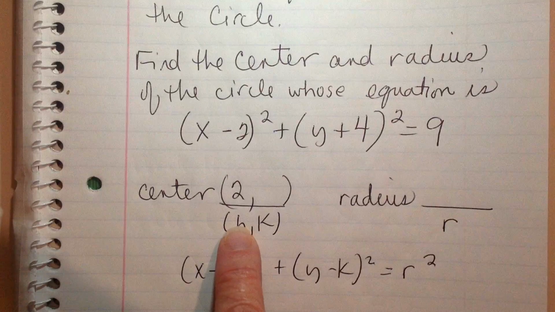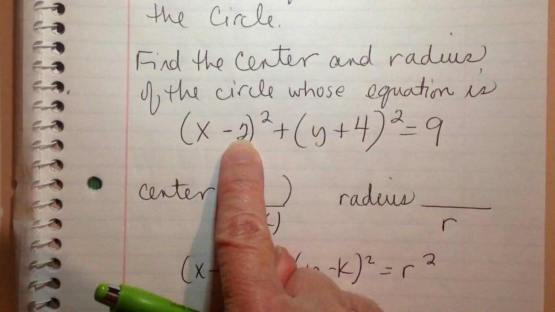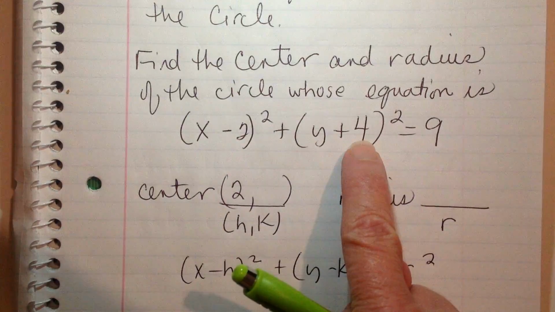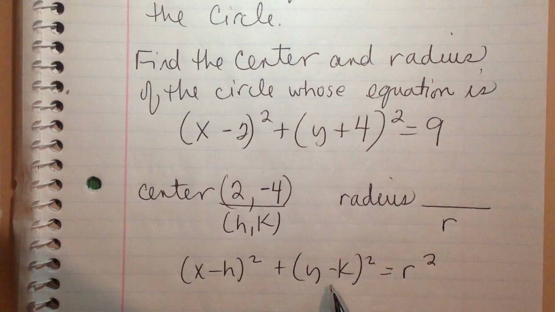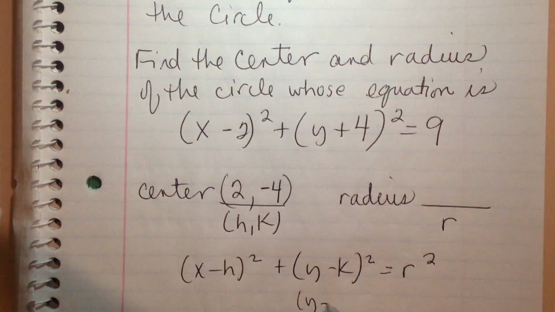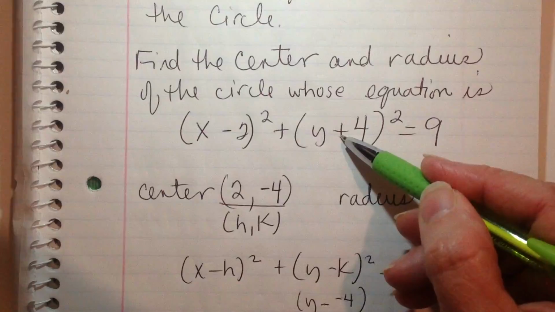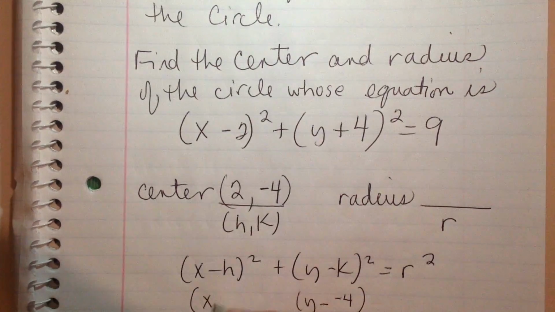So h had to have been 2 in order for the formula to say x minus 2. Now, positive 4 is in the formula as positive 4. When it comes out, it was really negative 4. Because if you plug this into y minus negative 4, that minus that negative, that's where that plus sign came from. Okay? So you got to think that way.